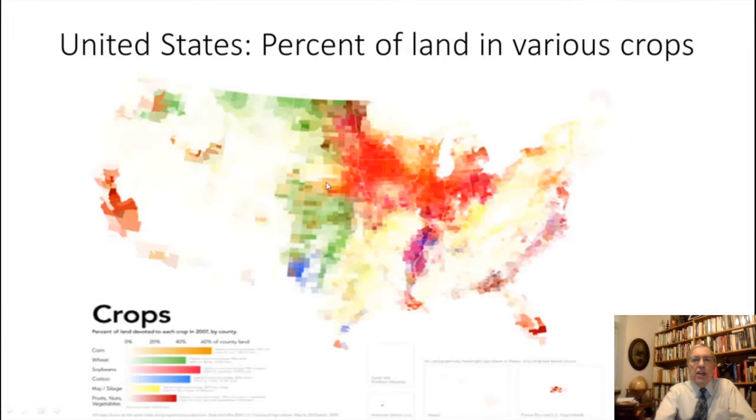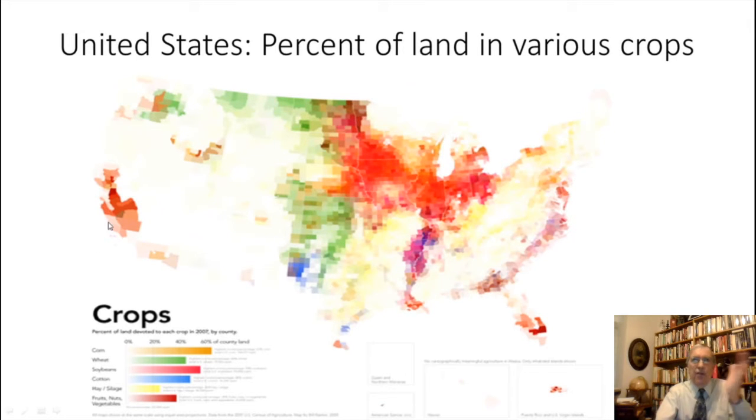What else? The wheats you see in the greens. Cotton is actually in blue here in the Texas Panhandle on irrigated agriculture. Fruit, nuts, and vegetables in places like Florida, of course, citrus fruits in primary industry, and also in California, particularly every kind of nut crop other than citrus fruit.